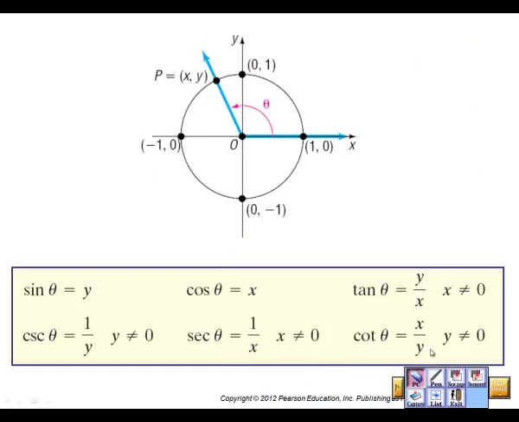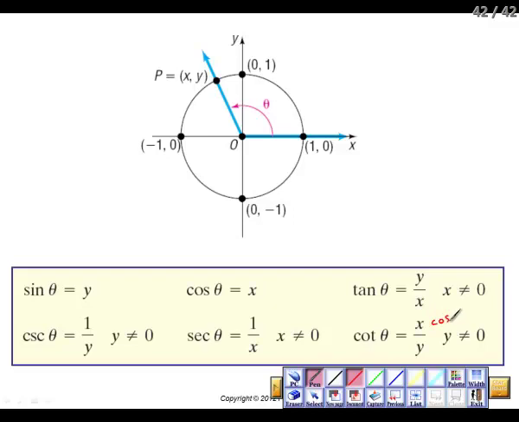Okay, and then cotangent is going to be undefined where sine is 0, because sine is the same as y. And so cotangent is going to be undefined at 0 and at pi, because that would be cosine over sine theta, and so at 0 cosine is 1 and sine is 0.